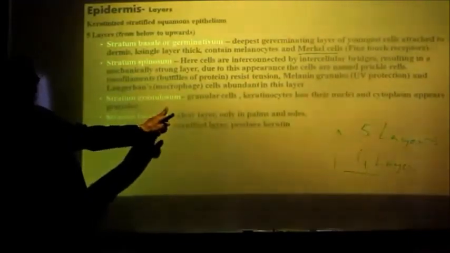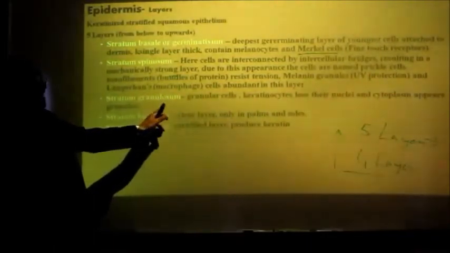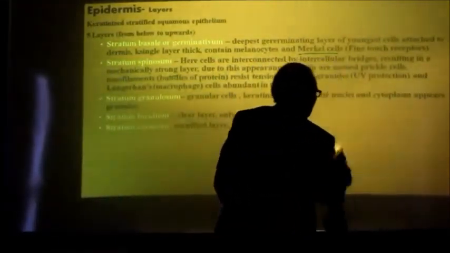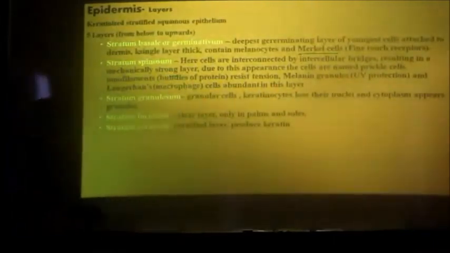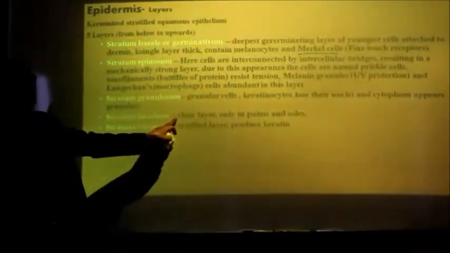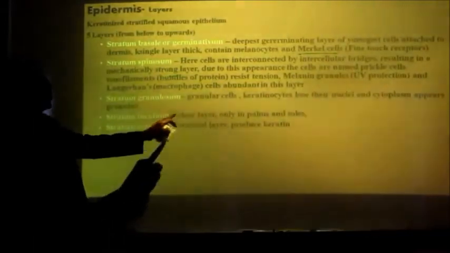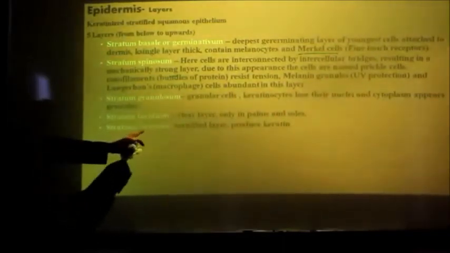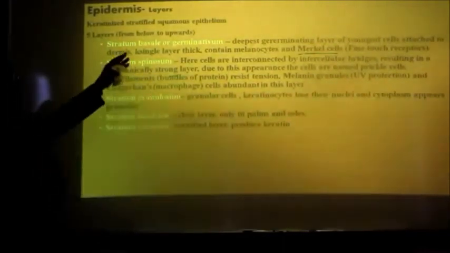Now the third layer from below upwards is what we call stratum granulosum. As the name indicates, these cells are losing their nuclei, but the cytoplasm appears granular, so this layer is labeled as the granular layer. Now the next layer is lucidum. The word lucidum means clear, so these are clear layer cells. But this layer is the fifth, extra layer, found only in thick skin, in the palms and soles of the hand.